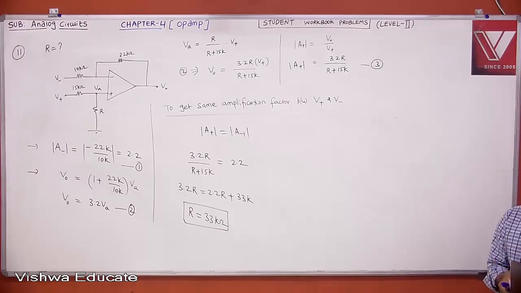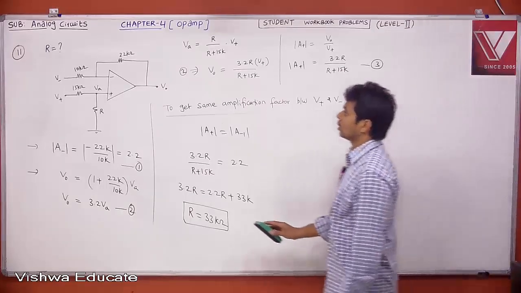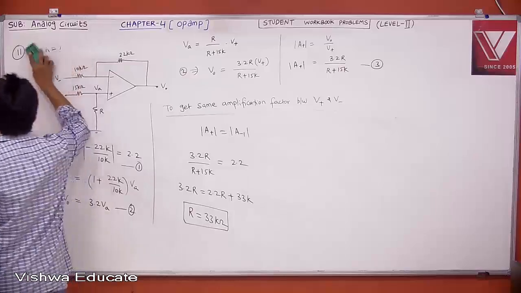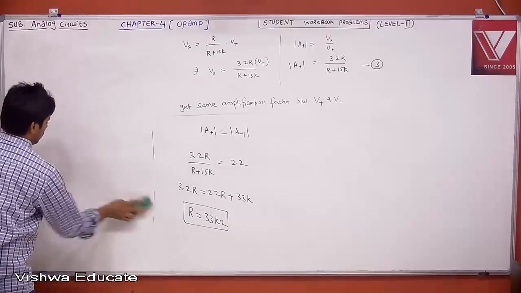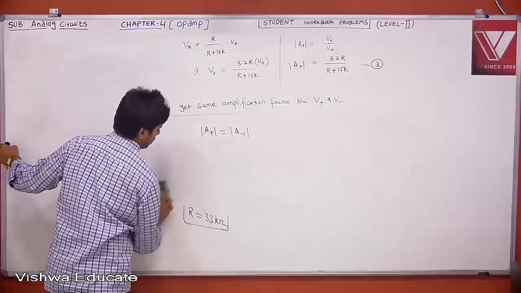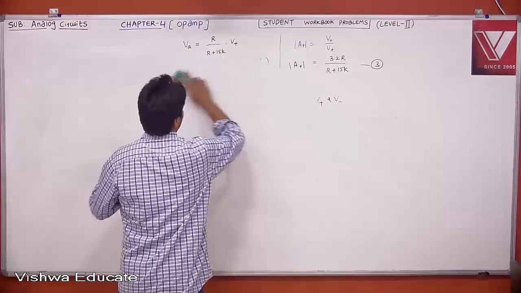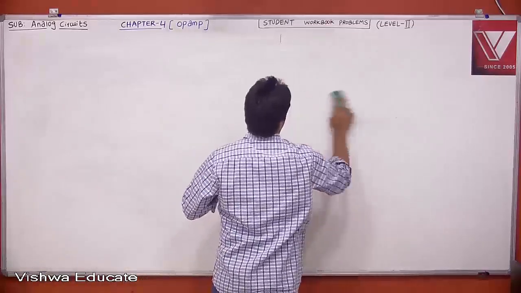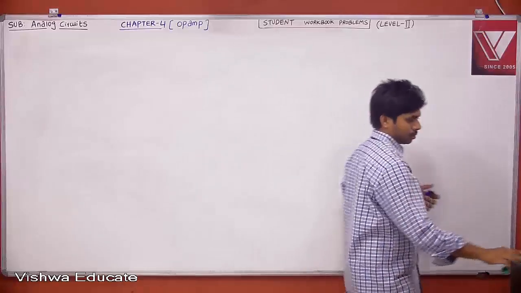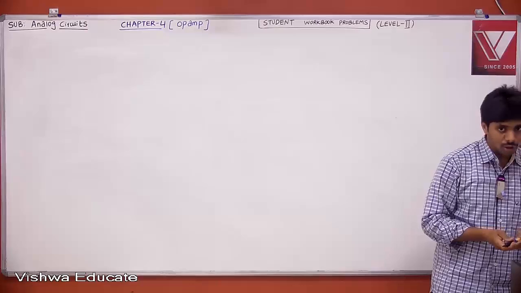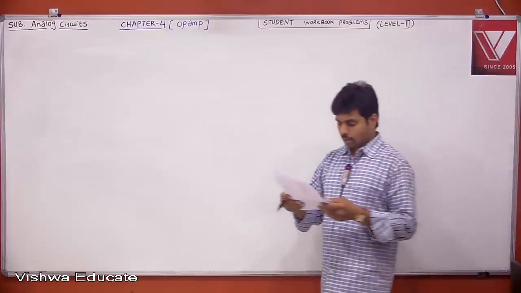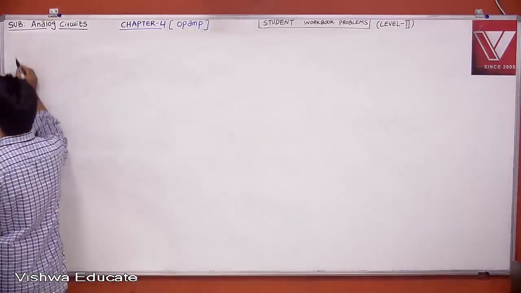Then problem number 12. An op amp is used as a zero crossing detector.